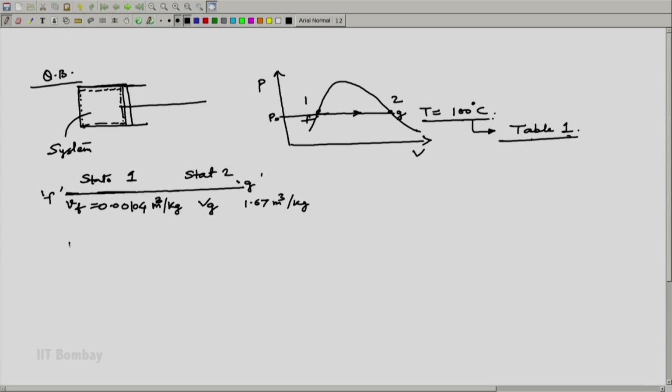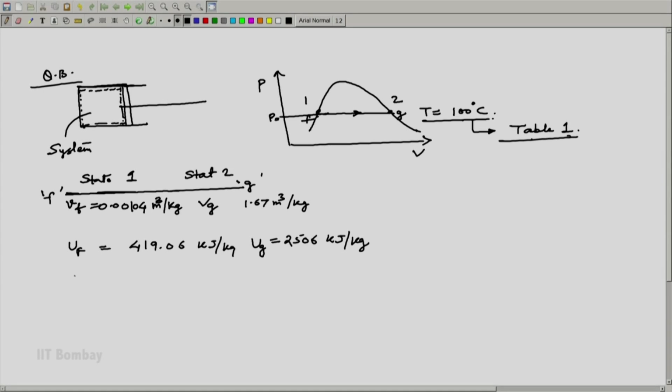Then uf is equal to 419.06 kilojoule per kg, and ug is equal to 2506 kilojoule per kg.